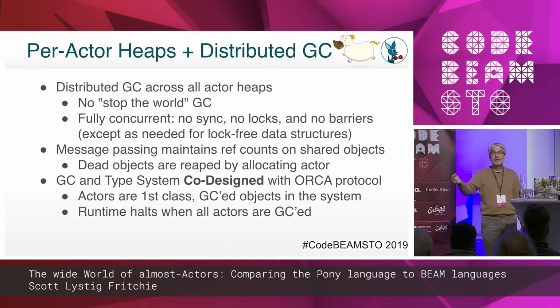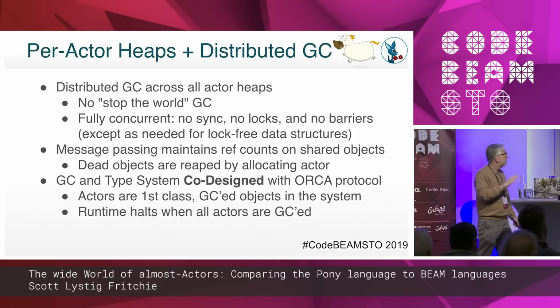There's what's called a system message that is sent to the original allocating actor's mailbox, and your application code doesn't see that particular message, but it's pulled out of the mailbox in causal delivery order, and that message says decrement the foreign reference count. And so this messaging is used for maintaining global information about whether an object is alive, despite the fact that you may have created it weeks ago and sent it off to who knows whatever other actors.